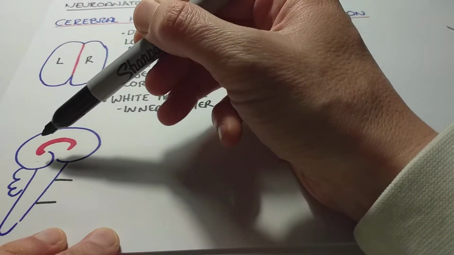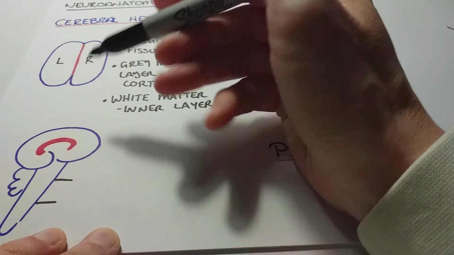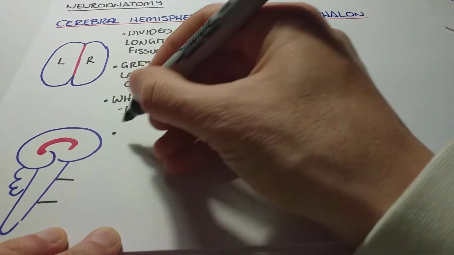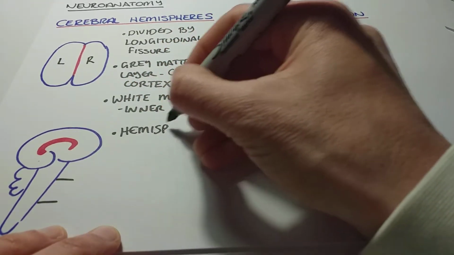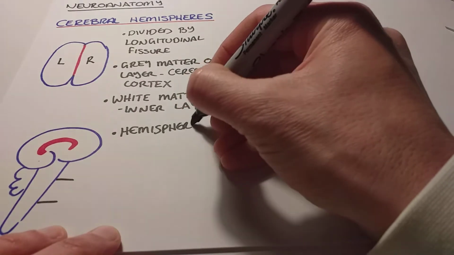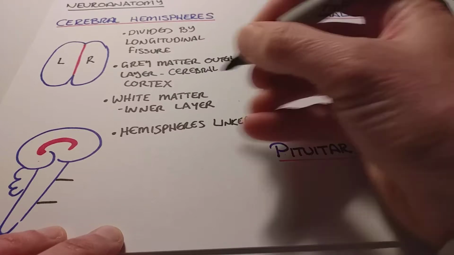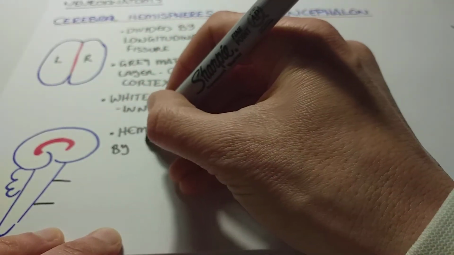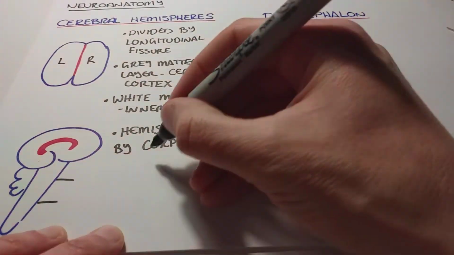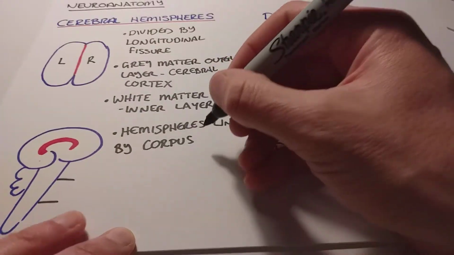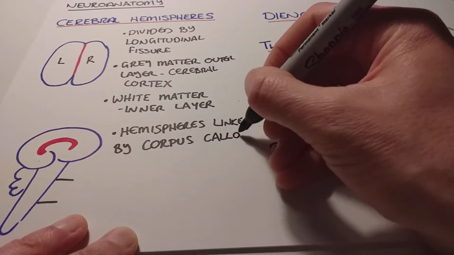On a diagram of the brain, this red thing here is the corpus callosum. So hemispheres linked by your corpus callosum. Will that fit? Yeah, why not? Callosum.